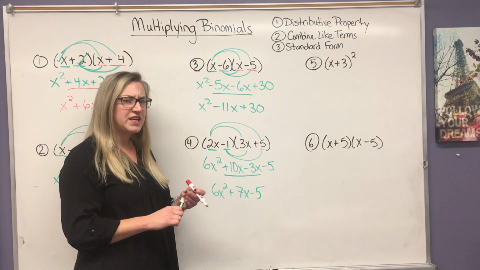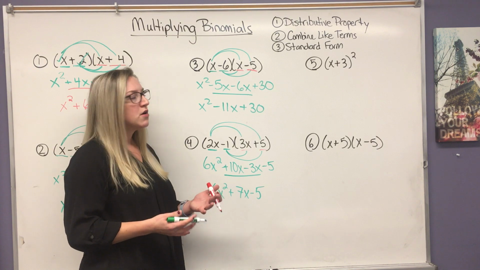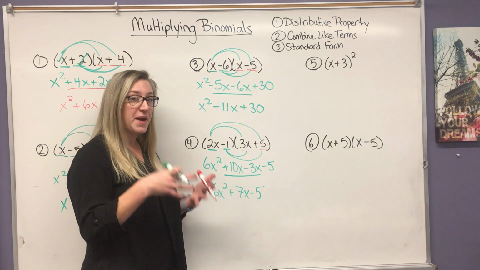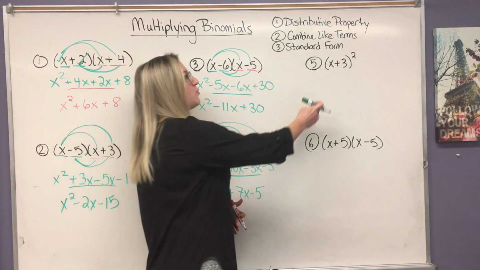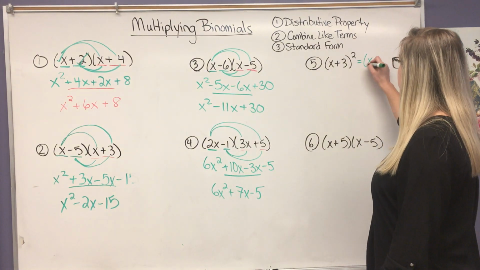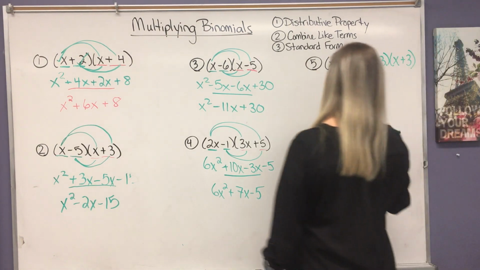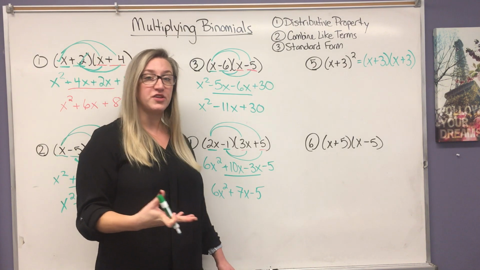Now take a look at something like number 5, x plus 3 squared. Well, we should know that any exponent of 2 represents a base that is being multiplied times itself twice. So when I have x plus 3 squared, that really means that x plus 3 is being multiplied times itself. Okay? So now I can apply the distributive property.